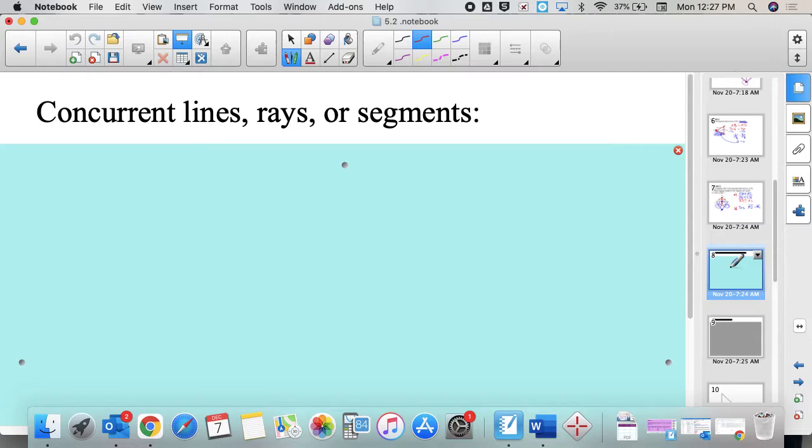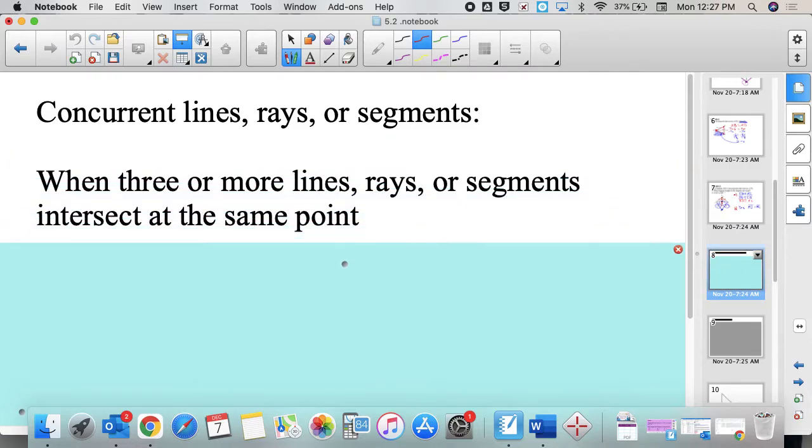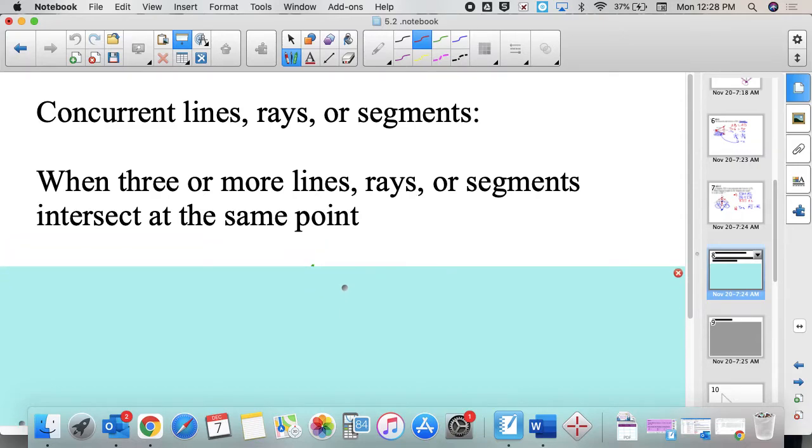What this term concurrent means is that three or more lines, rays, or segments intersect at the same point. So if I had this line, for three or more lines to be concurrent means all three of them have to go through this same point right here.